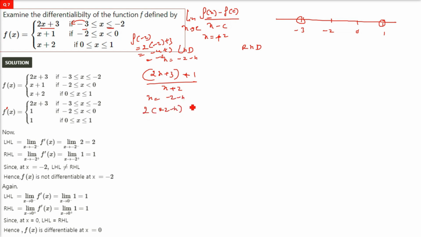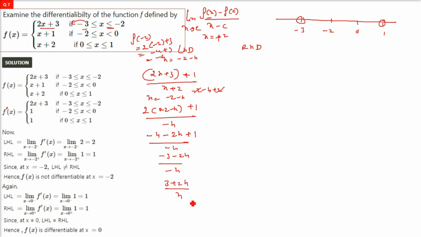I'm not doing RHD just because I want to show you what's going to happen. So minus 2 minus h plus 2 in the denominator, you get only negative h. In the numerator, you have minus 4 minus 2h plus 1 divided by minus h. You are going to get minus 3 minus 2h by minus h. Now limit h tends to 0 will remain everywhere.